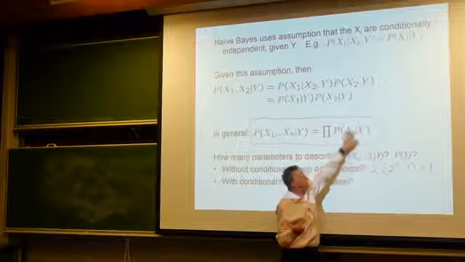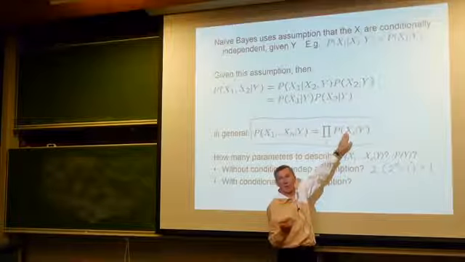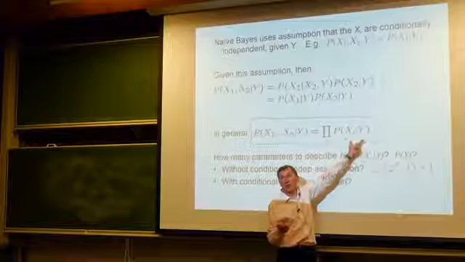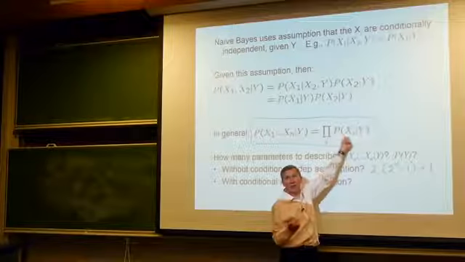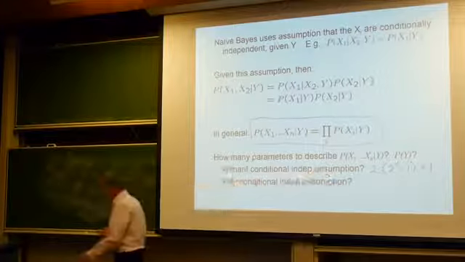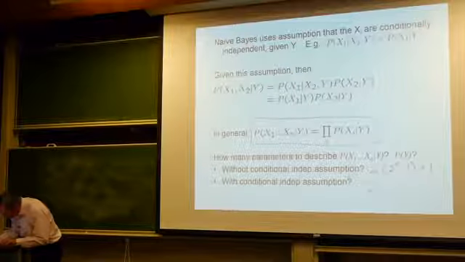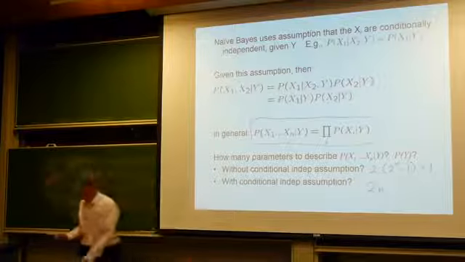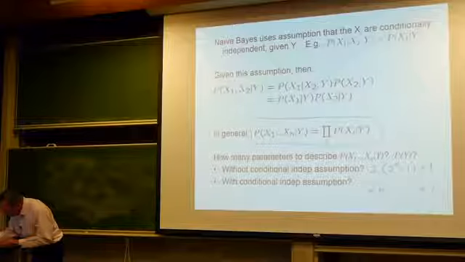And when y equals 0, we'll need to estimate the probability that x equals 1 then too. So for each of these xi's, we'll need 2 parameters: the probability that it's 1 given that y equals 0, and the probability that it's 1 given that y equals 1. So we get away with 2 times n. And of course, we still need the 1 for p of y.